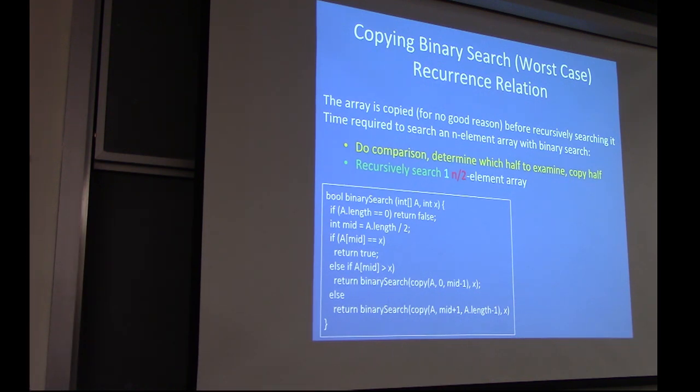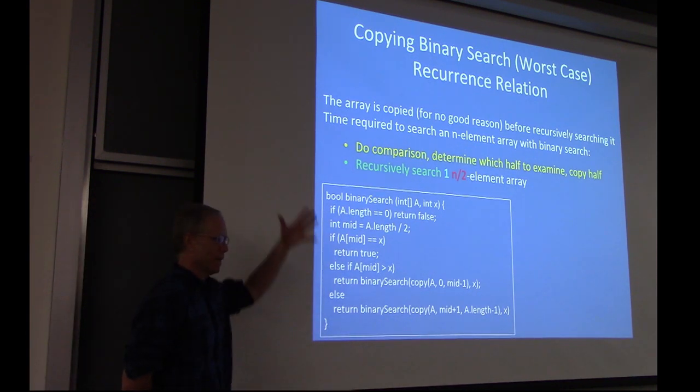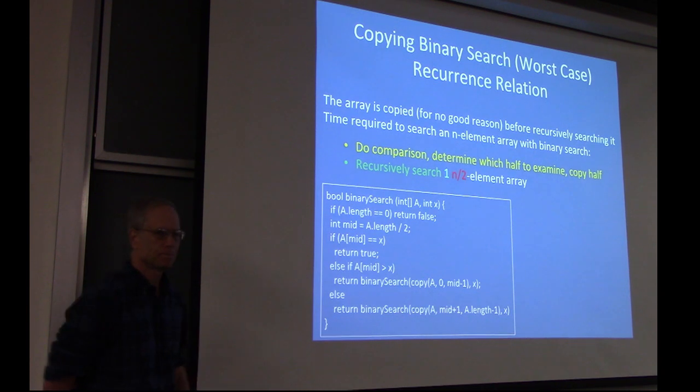So that's a form of divide and conquer. Now, just in order to meet my pedagogical needs, I'm going to analyze a brain-dead version of binary search, which, when it splits the array in half, actually copies the array. Once it figures out which half to examine, it makes a copy for no good reason, other than it makes my example work out better.